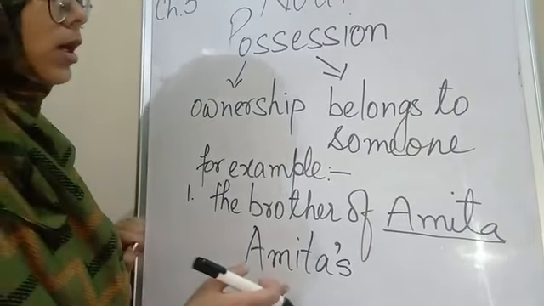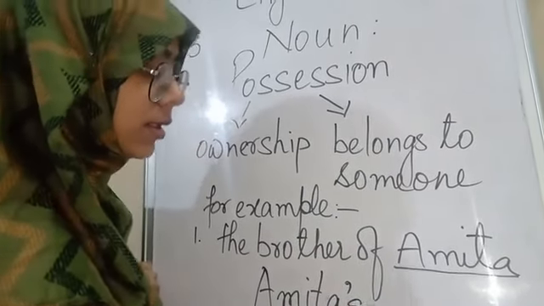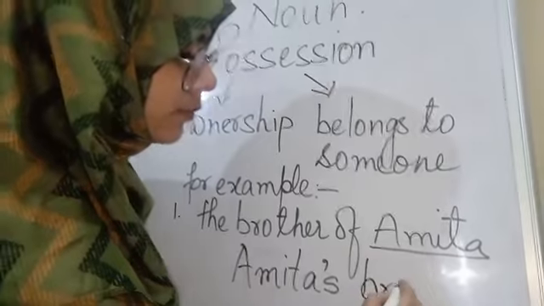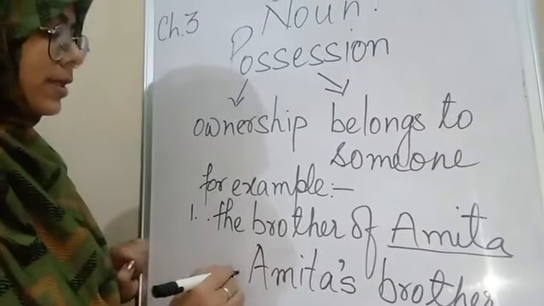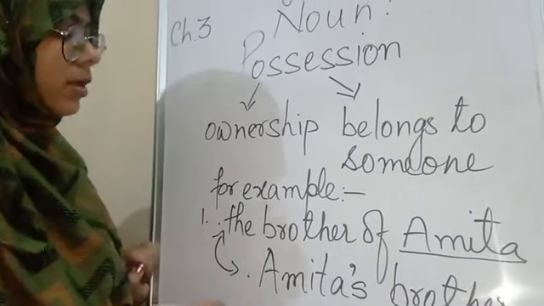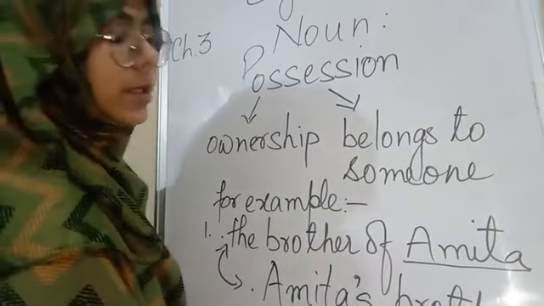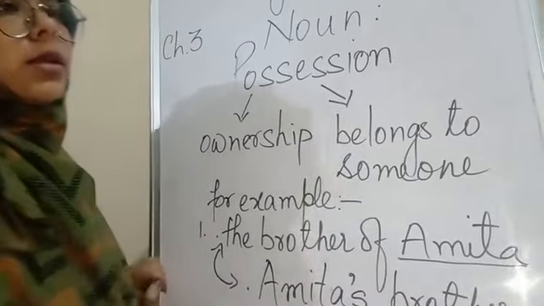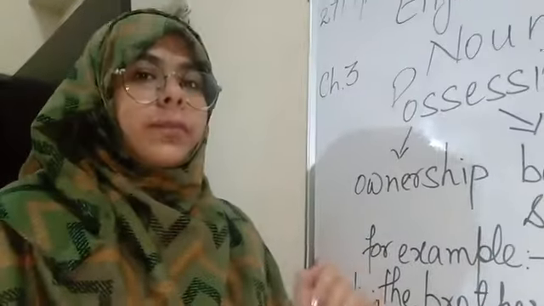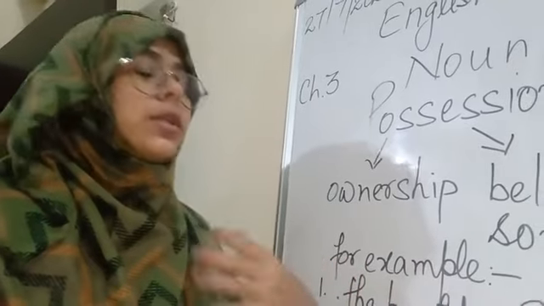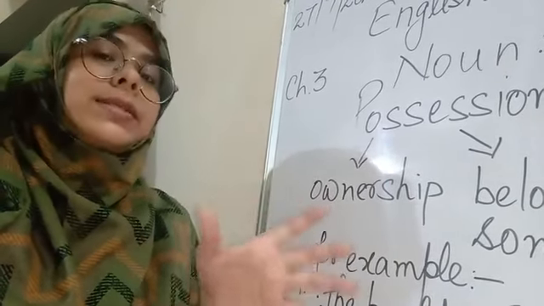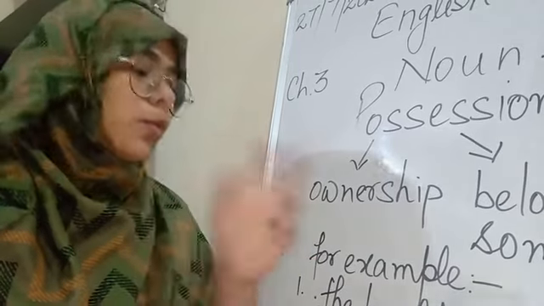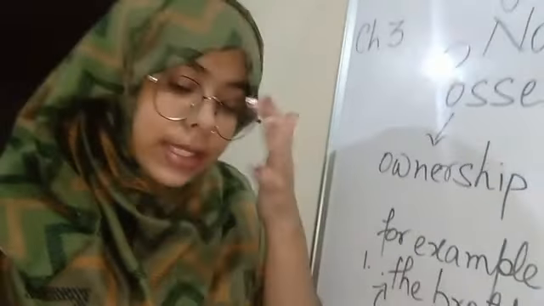Amita's. Amita's what? Brother. So the meaning of the sentence is the same. आप कुछ भी कह सकते हो. The brother of Amita, Amita's brother. Like you met someone at a party and you say, he's the brother of Amita, or in place of this sentence, you can say, Amita's brother. The meaning of both sentences will be the same.